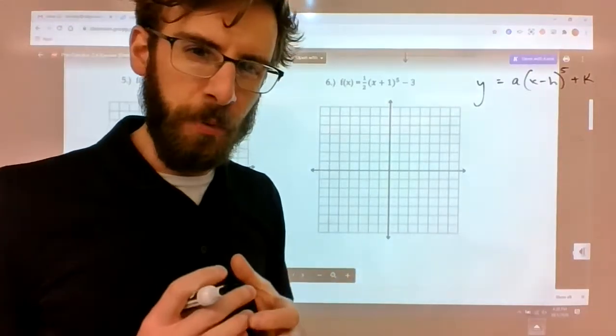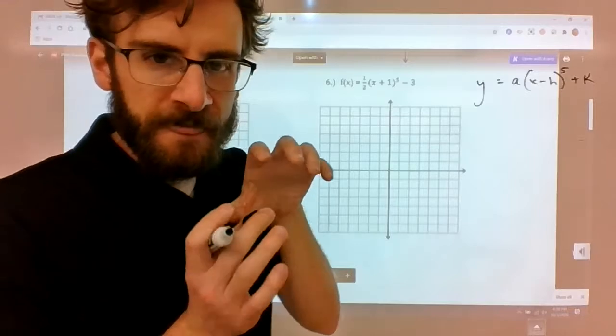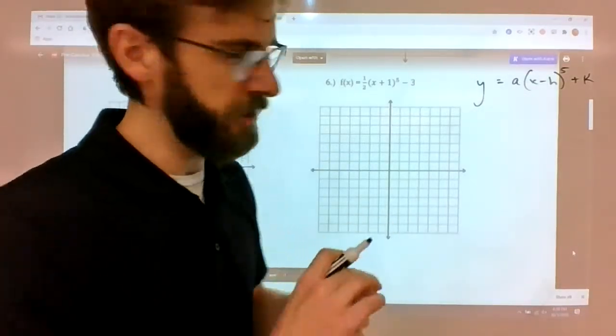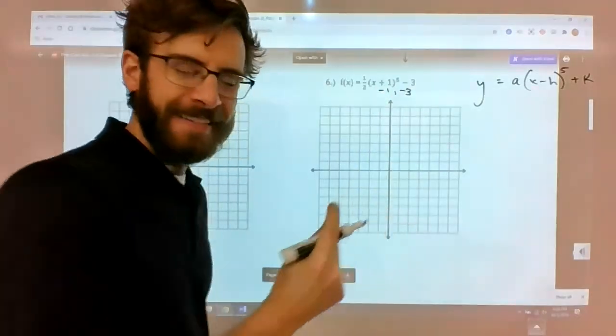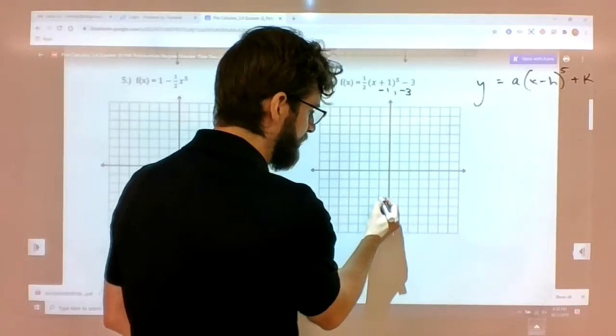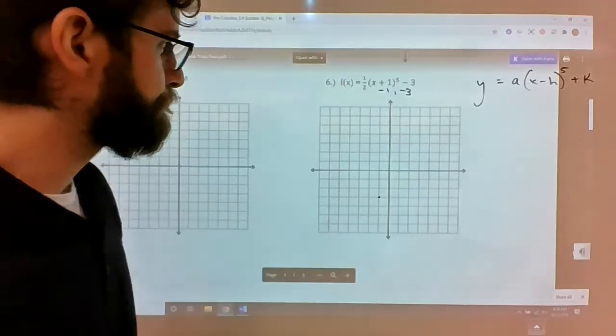It's sort of like our center point, not like the center of a circle, but just the central location by which we see changes in the function. This has a (-1, -3), not a vertex, but a central location. Left 1, down 3 is going to be an interesting point there.